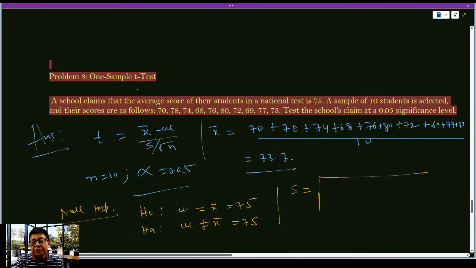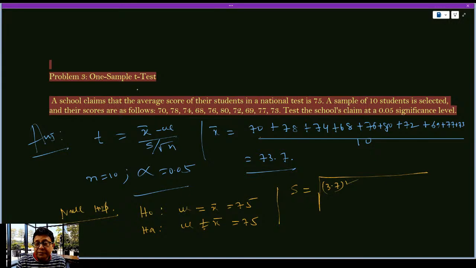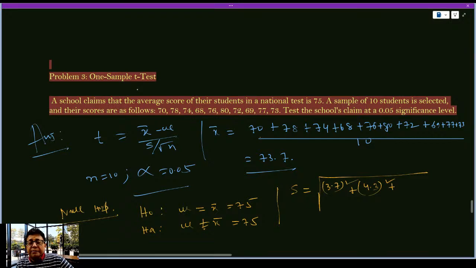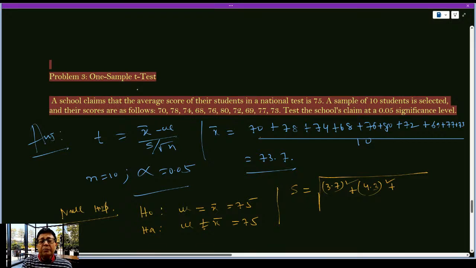This is under root of (70 minus 73.7) square, (78 minus 73.7), that is 4.3, (68 minus 73.7), that is 5.7 square.